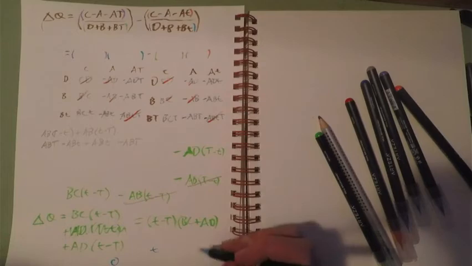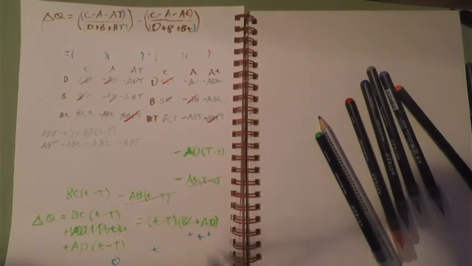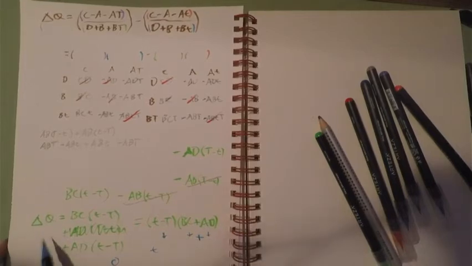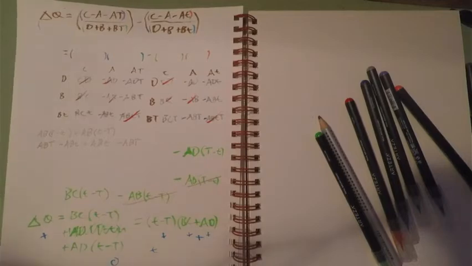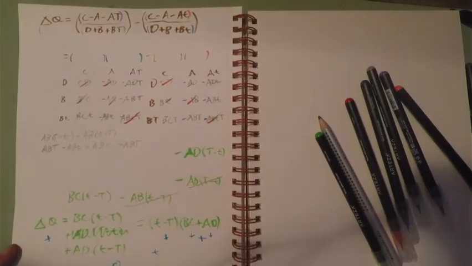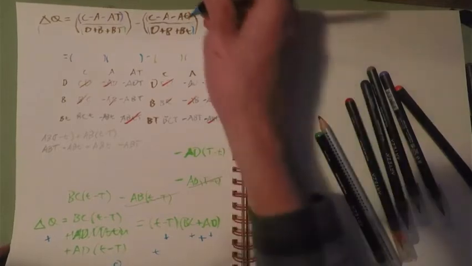BC plus AD, this is going to be a positive number, right? A plus plus a plus gives us a plus. If big T is 0 and little t is positive, then we're going to have a positive times a positive. That means our delta Q is positive, which means what we're looking at here is when we go from little t to big T.